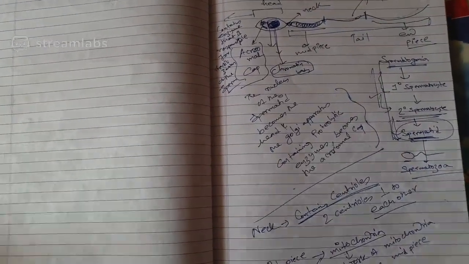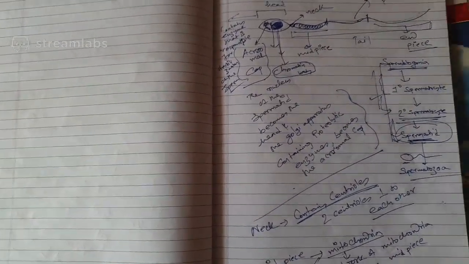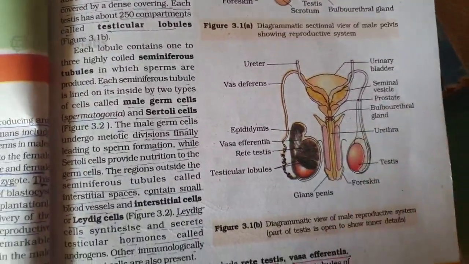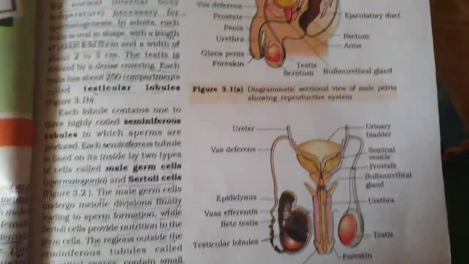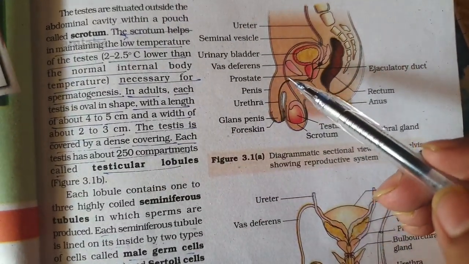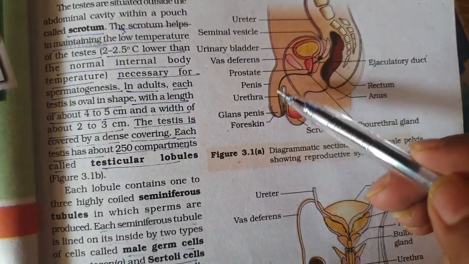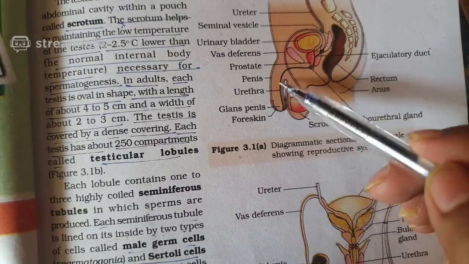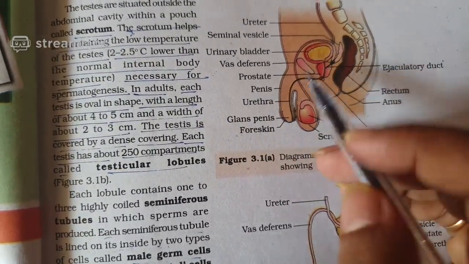Okay, and now moving a little bit into the male reproductive system. In the last class you learned entirely the structure of the testes, what is inside the testes, how sperm is produced in the testes, and spermatogenesis. Now there is the penis, and at the upper portion of the penis there is a foreskin that folds, every male will know.